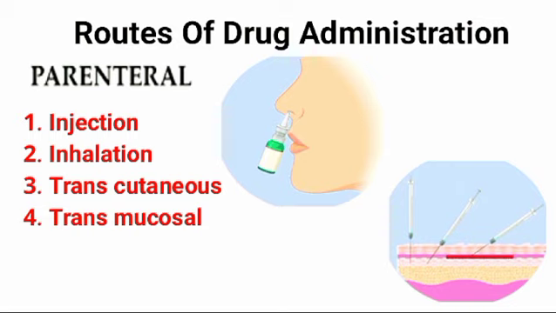Now third is transcutaneous. Certain drugs when rubbed into the skin can get absorbed and produce systemic effects. For example, nitroglycerine ointment in angina pectoris, like for chest pain. And the fourth one is transmucosal. There are two types of administration, sublingual and transnasal.